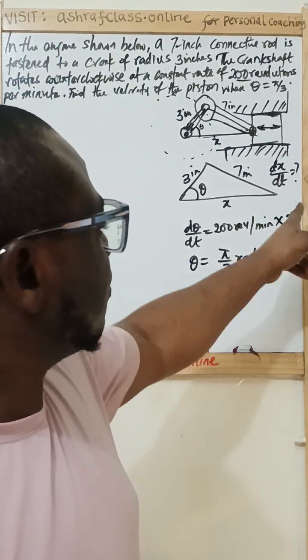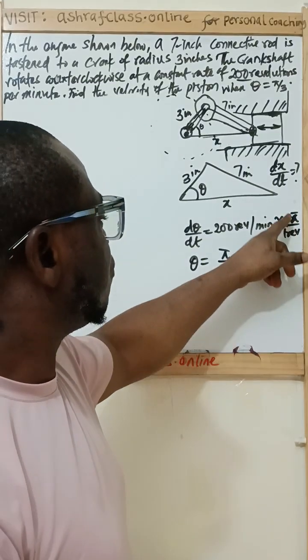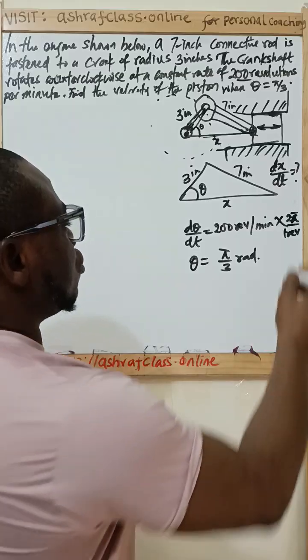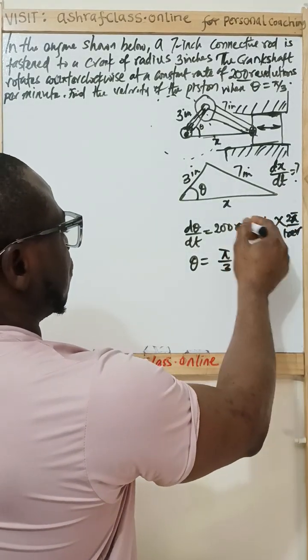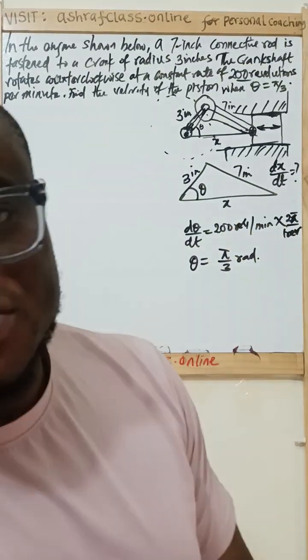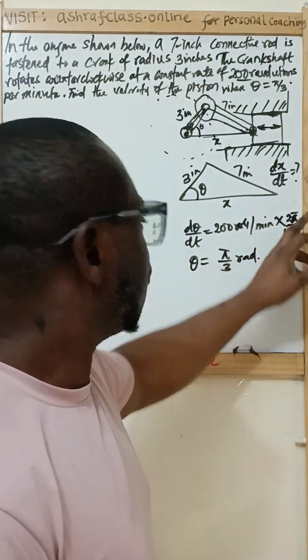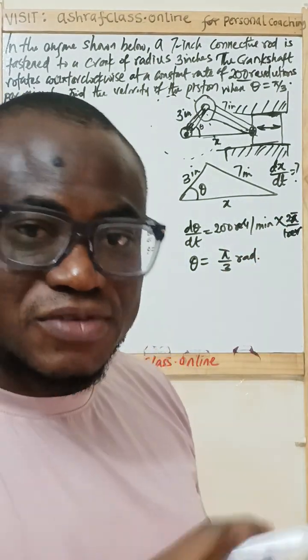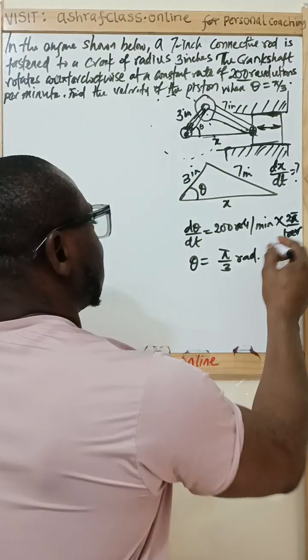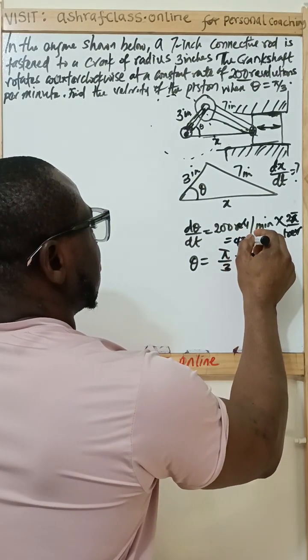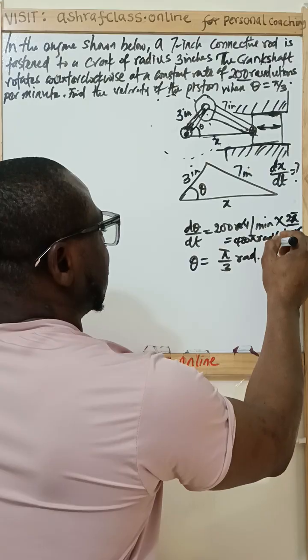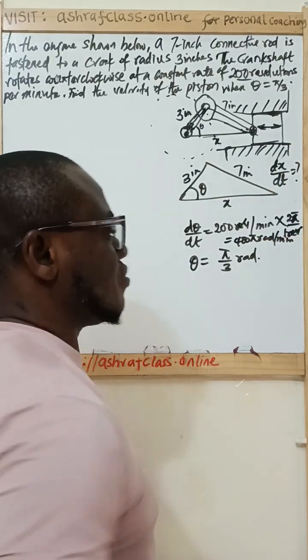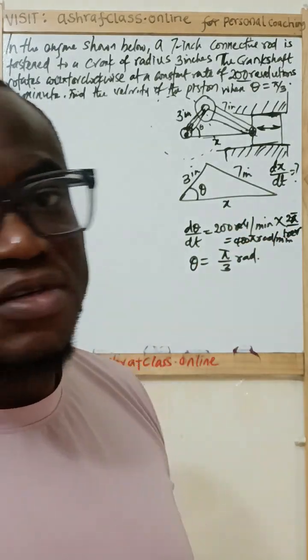The revolution cancels revolution, and I'm left with 200 times 2 pi, which is 400 pi radian per minute, so that they are in the same units.